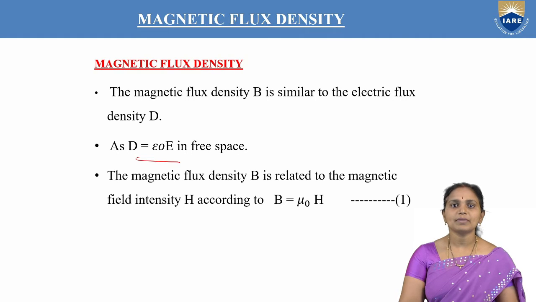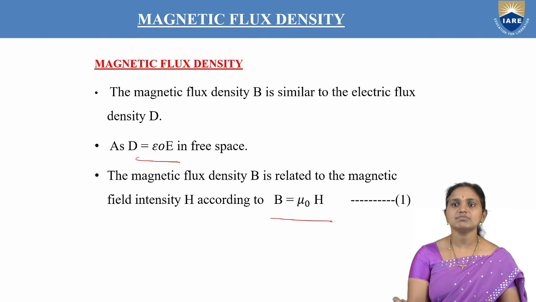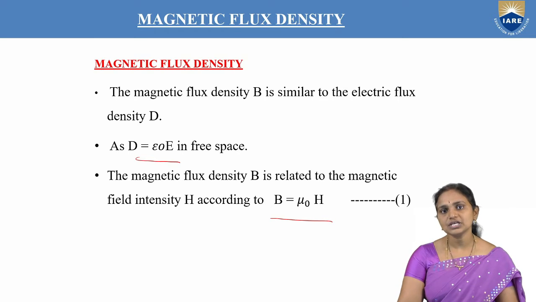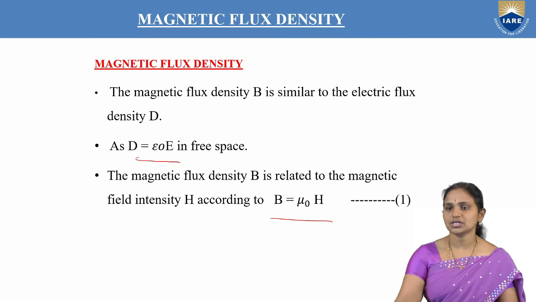Similarly here, magnetic flux density B is related to the permeability of free space, which is given as mu naught, and magnetic field strength H. B will be given as mu naught into H. B is magnetic flux density, the product of permeability of free space and magnetic field strength.